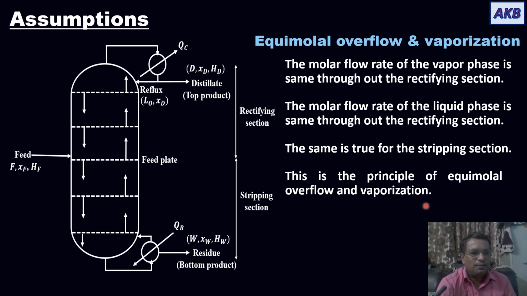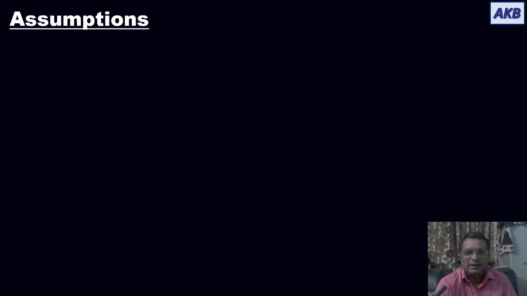Okay, so the third assumption that we are assuming is that the principle of equimolar overflow and vaporization is applicable. That is the third assumption used in the McCabe Thiele method. Nobody will ask you to prove the effects of the assumptions.